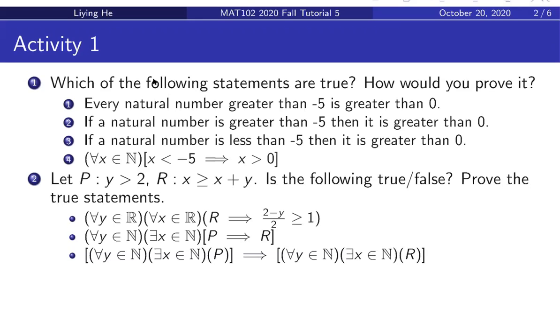Anyway, let's do activity 1, part 1. For the first one: every natural number greater than -5 is greater than 1. Is this true or false?